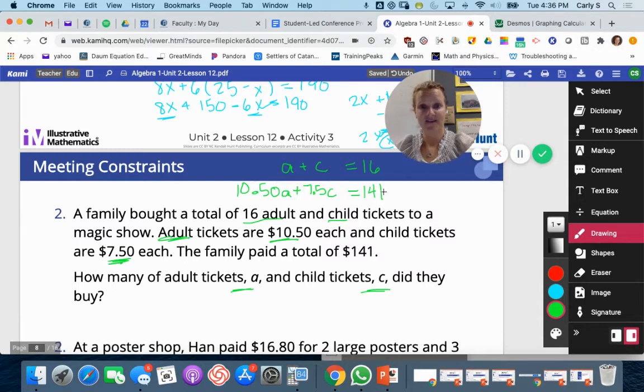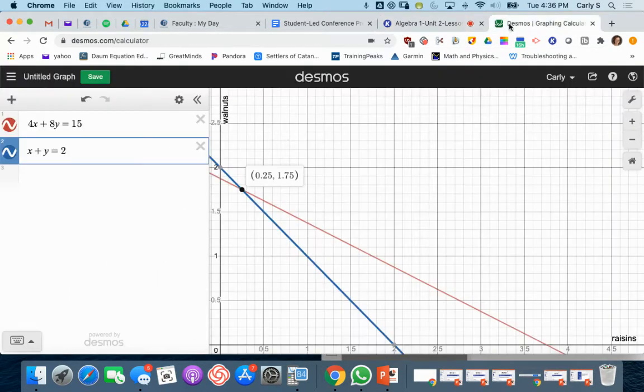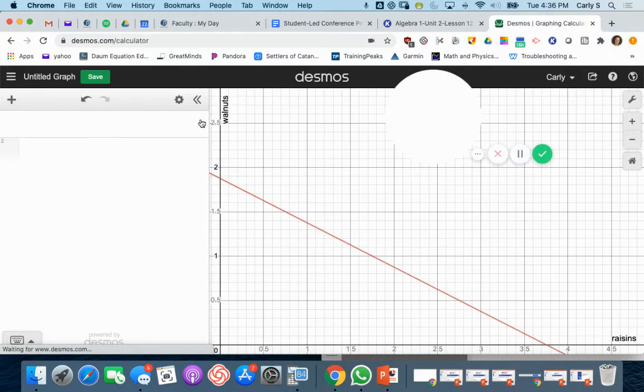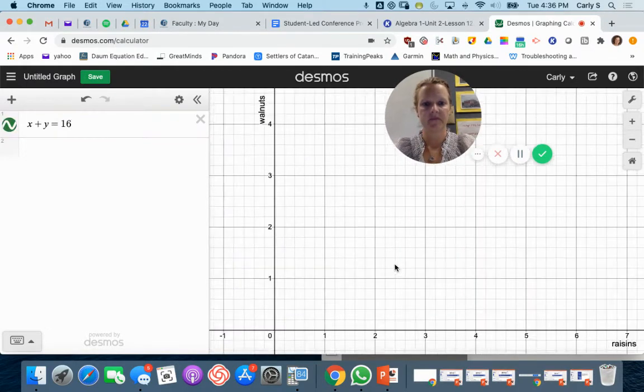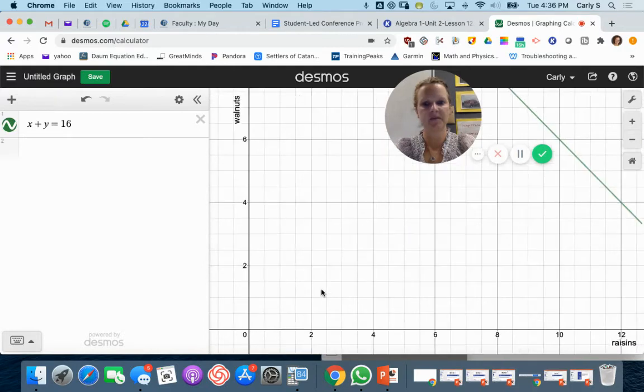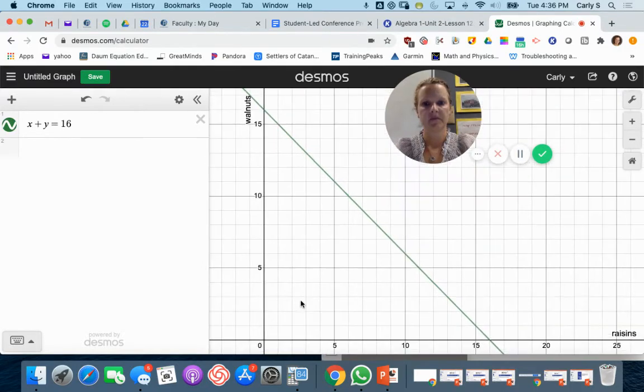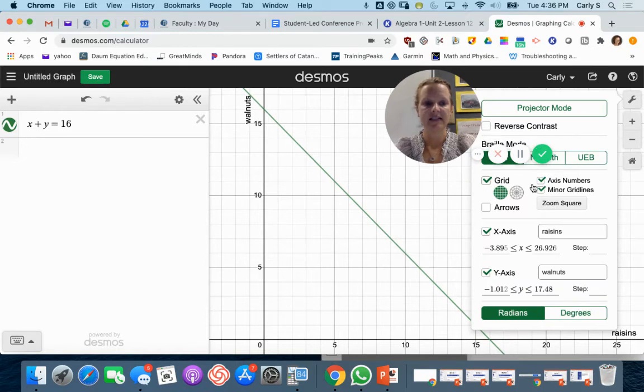Let's do this one graphically, okay? So I have A plus C, which I'm going to do X plus Y equals 16. I'm just zooming out. I'm going to hit this wrench and say that X is no longer raisins, but it's adults. And this is children.